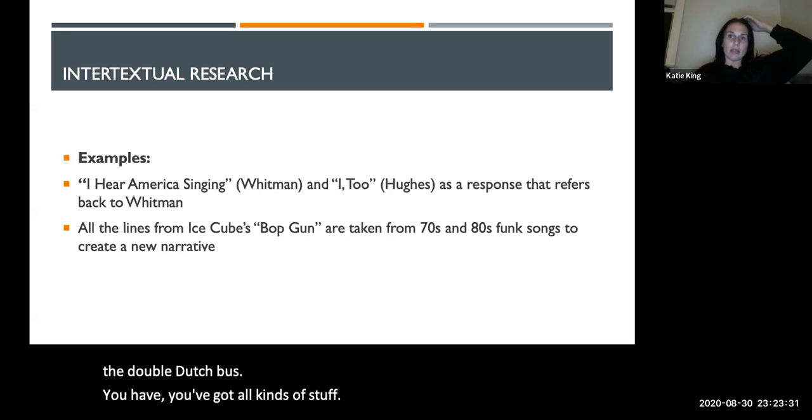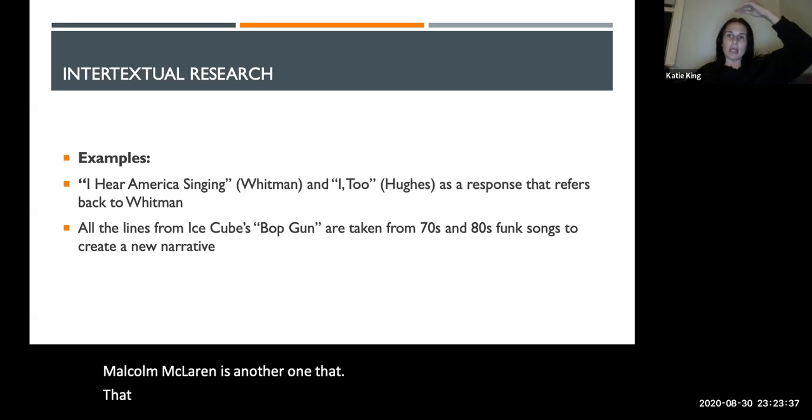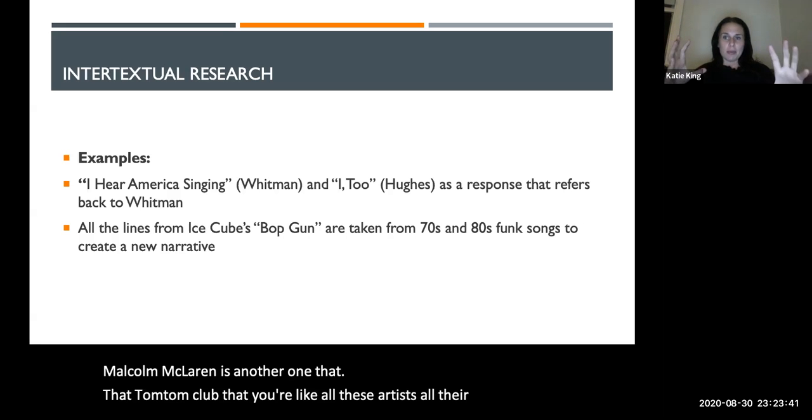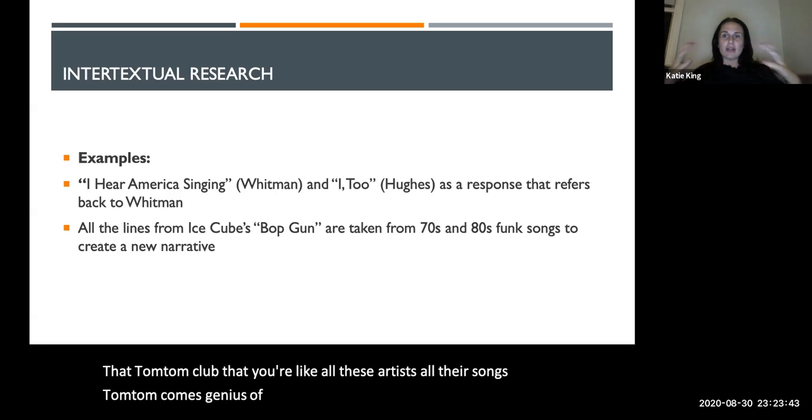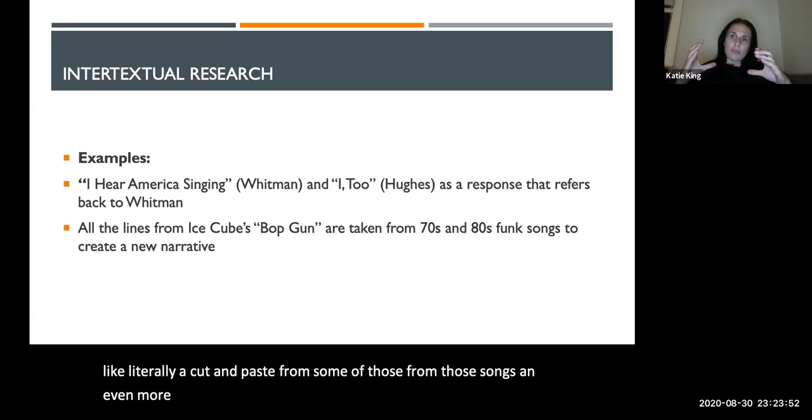Malcolm McLaren is another one. Tom Tom Club's Genius of Love. Every single line in Ice Cube's Bop Gun is literally a cut and paste from those songs and even more songs, and then put into this new song to create a whole new narrative.